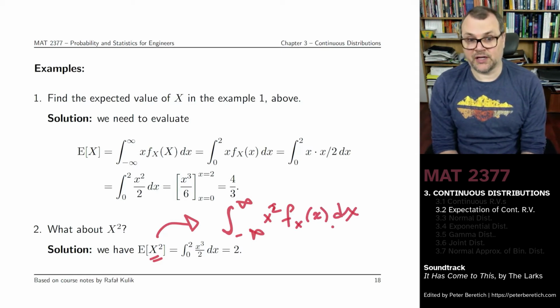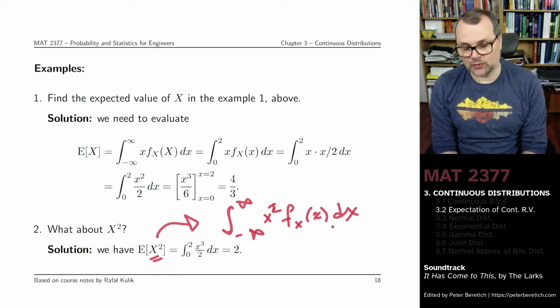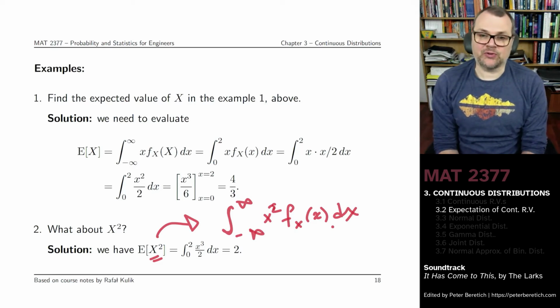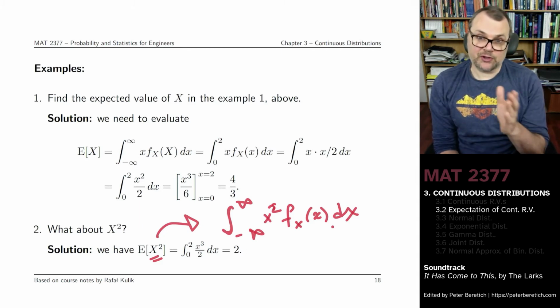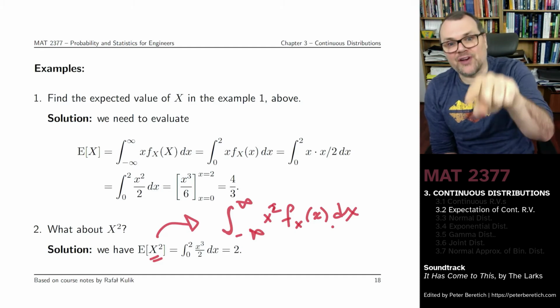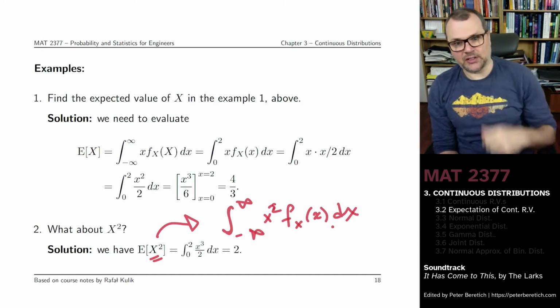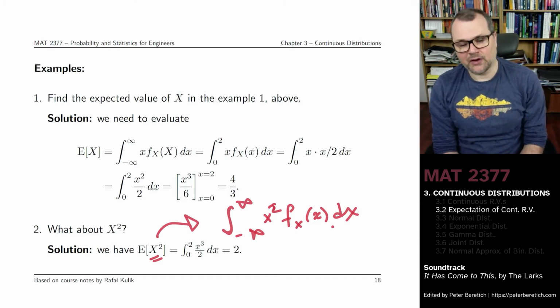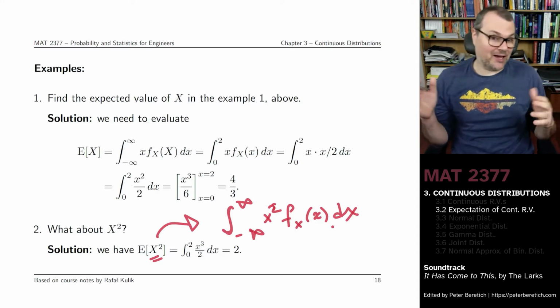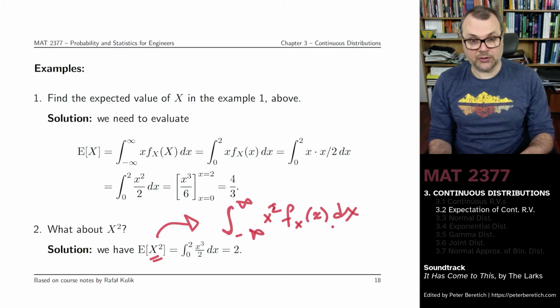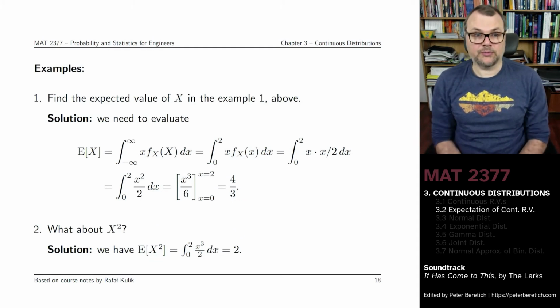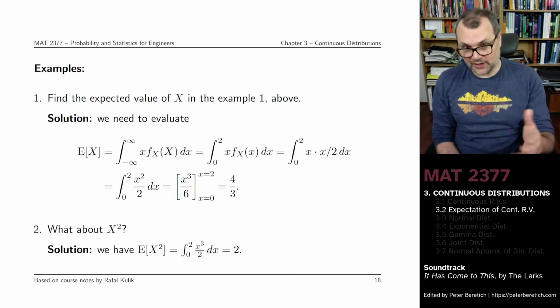The PDF is x over 2, so x squared times x over 2 becomes x cubed over 2. And when you integrate from minus infinity to infinity, the only part on which the integral can be something other than 0 is what happens between 0 and 2, by definition of this very specific probability density function. If you had another PDF, the bounds might be different. You might have to go from minus infinity to positive infinity, in fact. But here you only need to go from 0 to 2. And the actual value is 2.